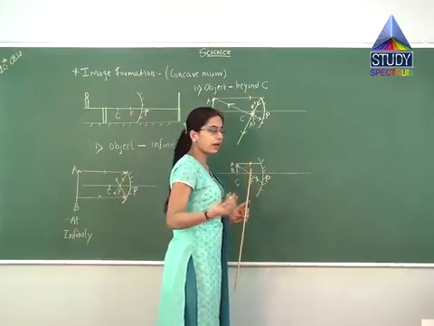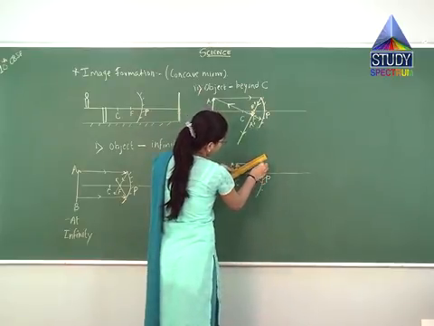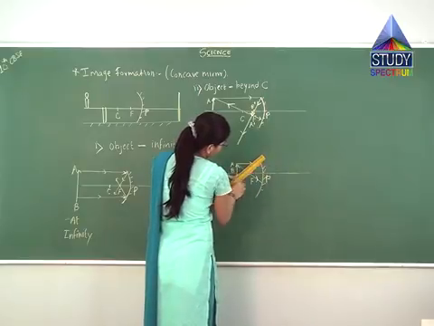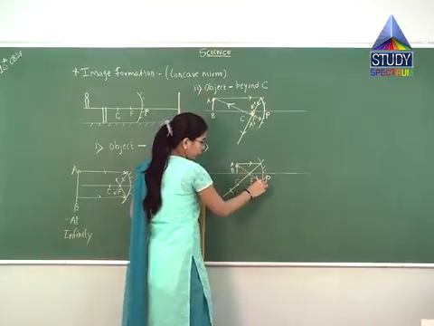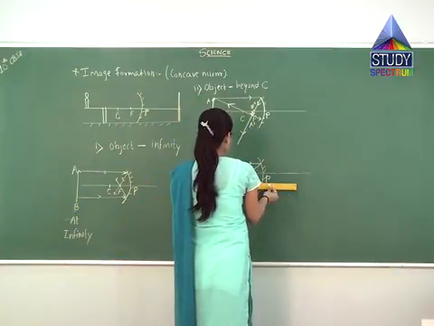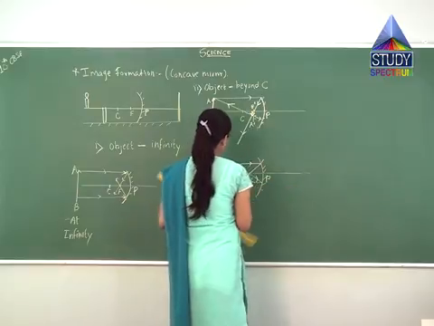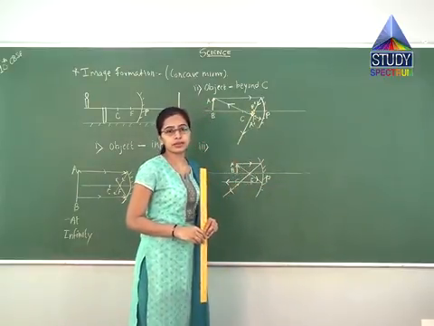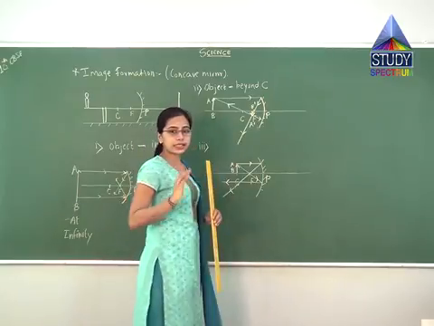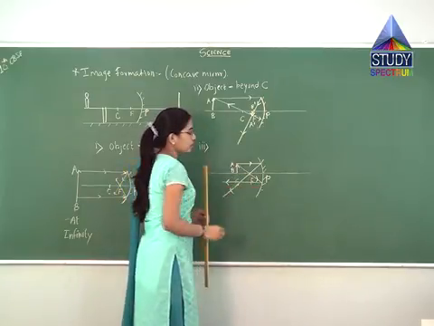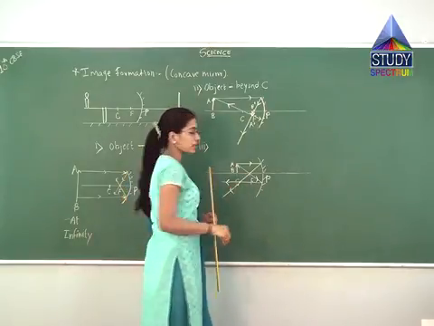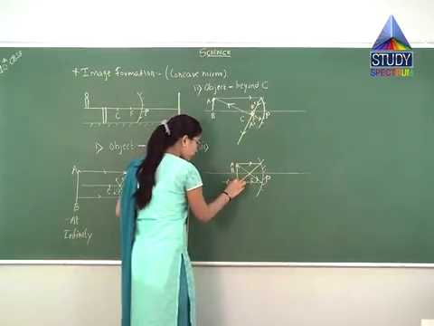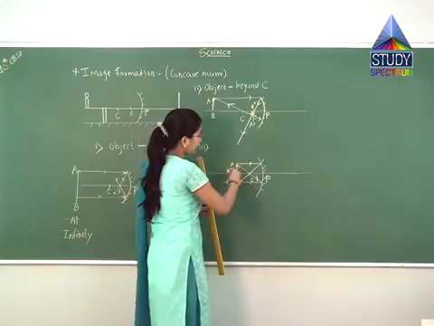And as you know, the ray which is travelling parallel to the principal axis will get reflected through the focus like this, and the ray which is passing through the focus will get reflected in the direction parallel to the principal axis like this. So you will see that the point of incidence of the two reflected rays is here, approximately here.